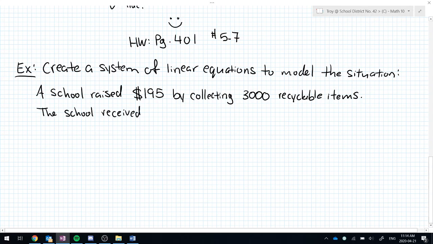And the school received 5 cents for each can and 20 cents for each bottle.